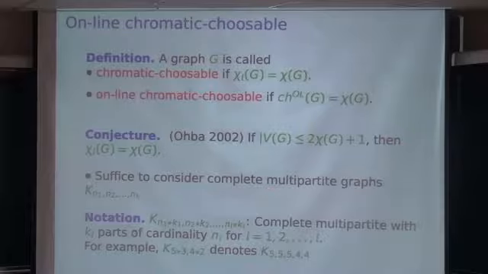So there's a famous conjecture by Ohba in 2002. If the number of vertices is at most 2 times the chromatic number plus 1, then the list chromatic number is the same as the chromatic number.